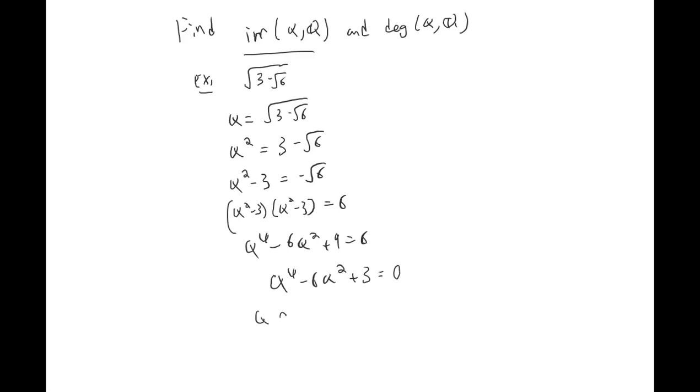So alpha is a root of x to the 4th minus 6x squared plus 3. Does everyone follow so far? Now the question is whether this thing is the irreducible polynomial of alpha over Q. All I did was show this has root 3 minus root 6 as a root. I don't know if it's the smallest one.